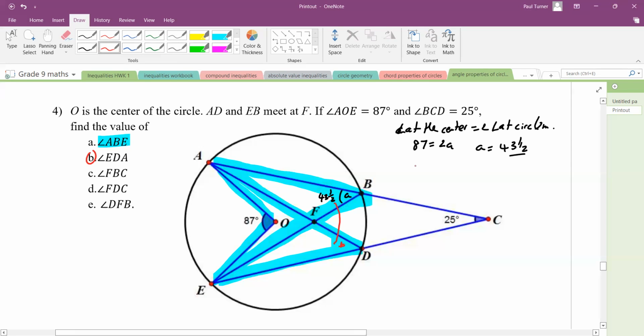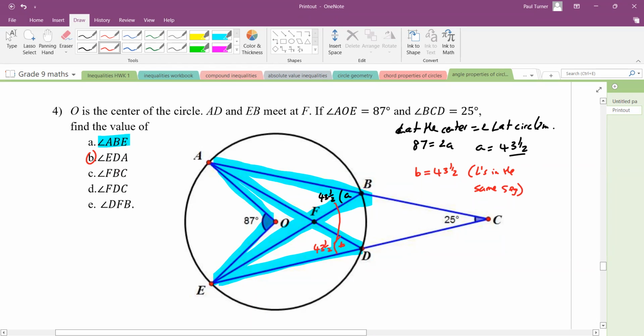So we could say angle B is also 43.5. And that's angles in the same segment. We could also have used this angle at center rule and angle at circumference as well to do that one. So this is A and B, they're both 43.5.